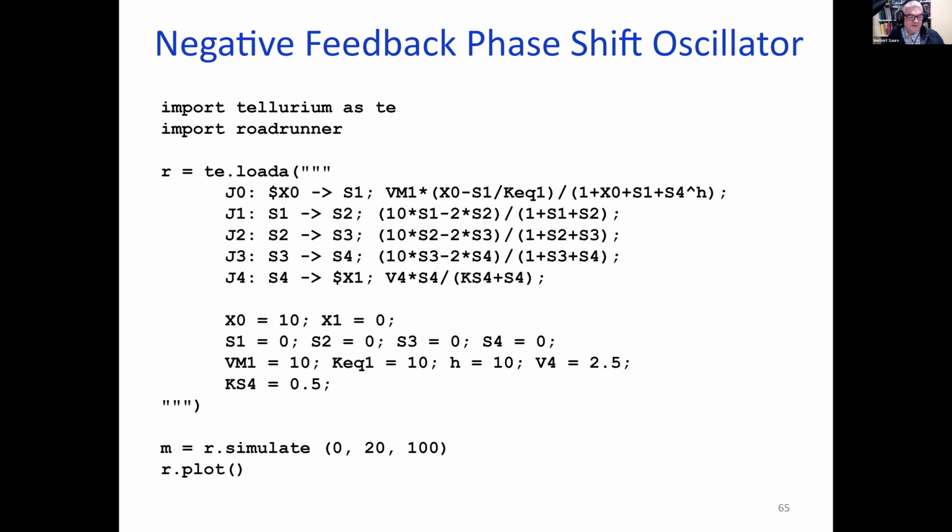In fact, the phase shift has to be at least 180 degrees between the front and the back. If that's the case, it basically inverts the negative feedback into a positive feedback. That's essentially what's happening. So the negative feedback is meant to stabilize. In other words, if S4 goes up, the negative feedback is supposed to bring it back down, right?